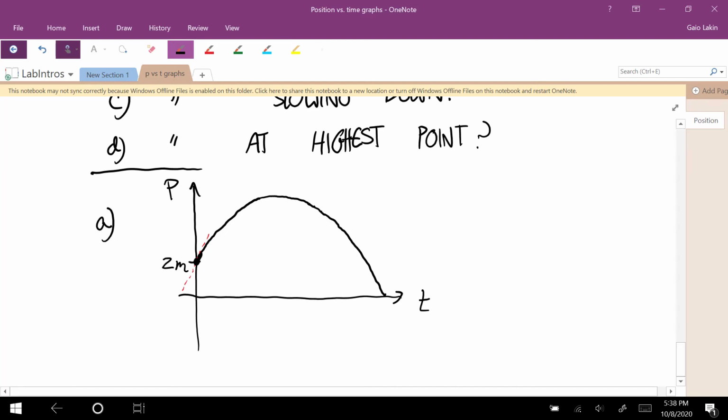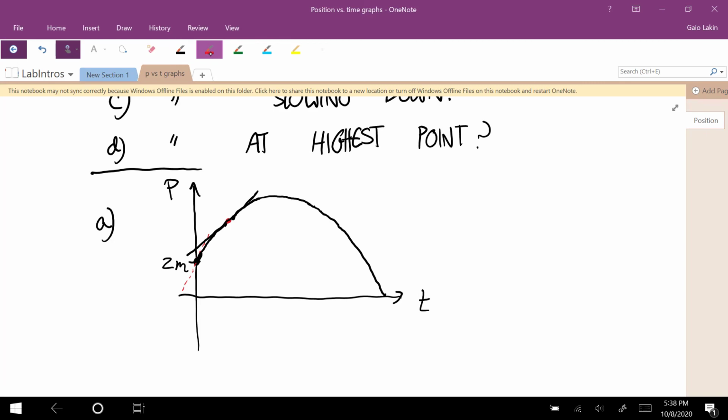So what we have here is we see that we have the first half of this graph where any instantaneous slope you chose would be positive. Okay, so on that whole first half, this object is moving in the positive direction, still on its way up.